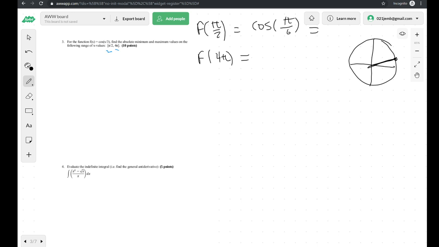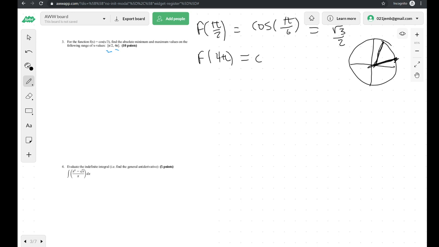That's pi over 3. Over here is 1 pi over 6. This is 2 pi over 6, which is pi over 3. So the cosine of this will just be the square root of 3 over 2. So that'll be the cosine over there.